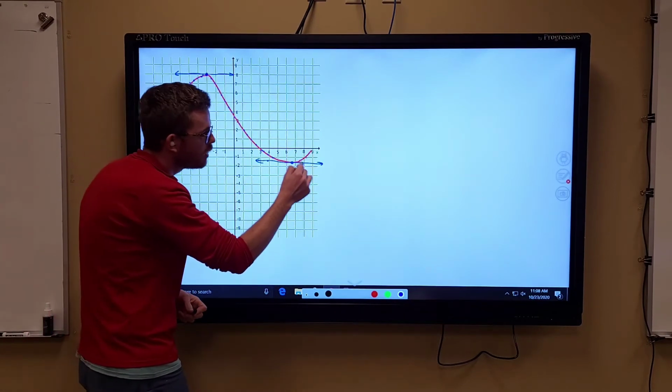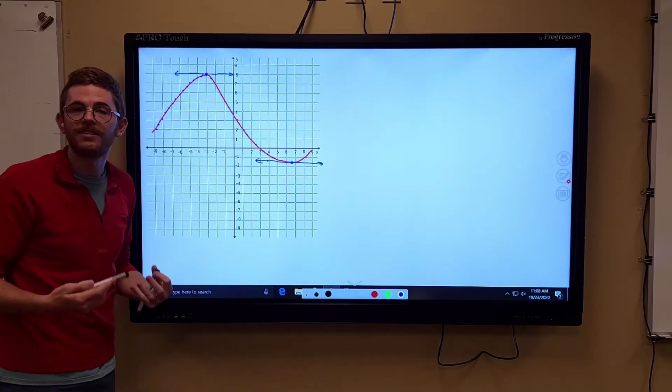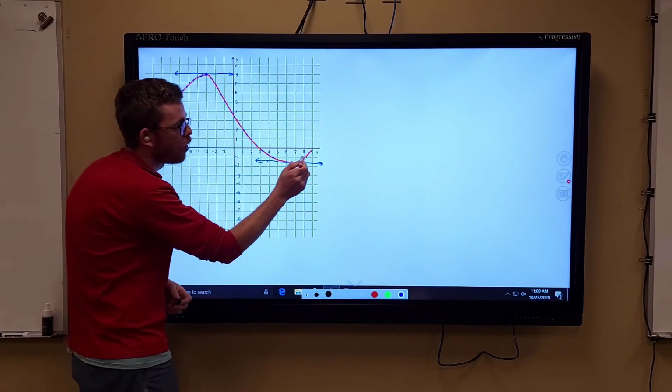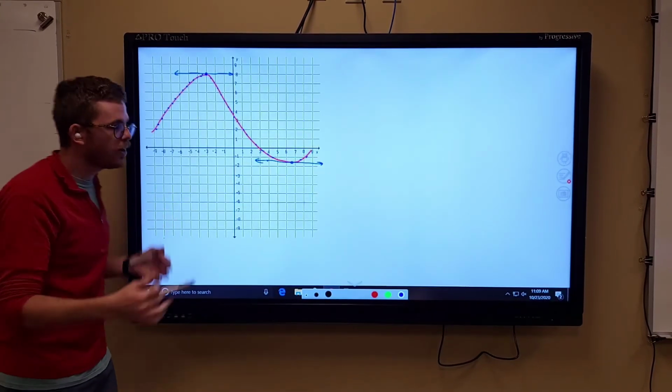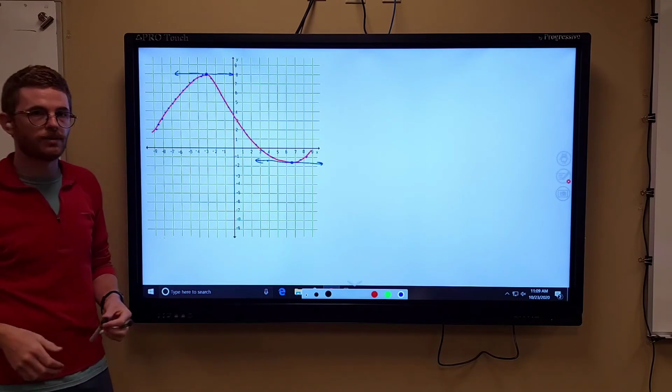So over here, our instantaneous rates of change would all be positive. So there's a lot right there that we can continue to add on.